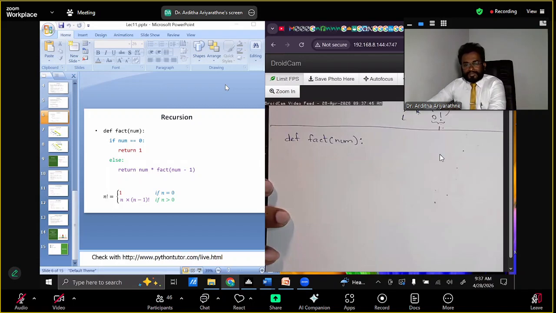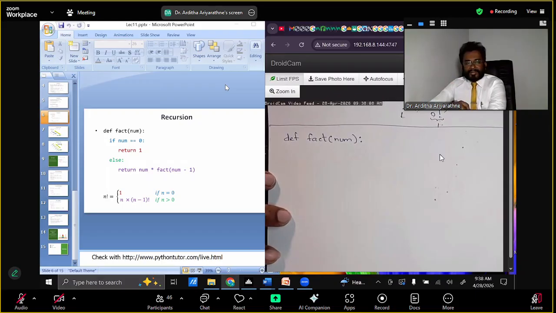Then, as I told you before, we need a terminating condition. Terminating condition means, students, once we have reached the basic level, we have to stop the recursion part.